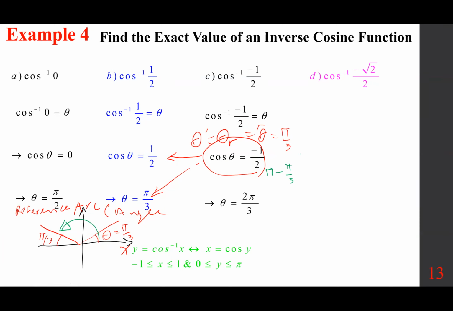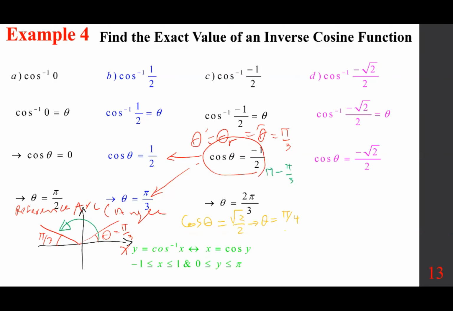Notice it's negative. We set it equal to theta. And by definition, cosine theta is minus square root of 2 over 2. So if you want to find that and you have no idea how to find it, let's look at the positive side. We know that if cosine theta is square root of 2 over 2, then theta is pi over 4.